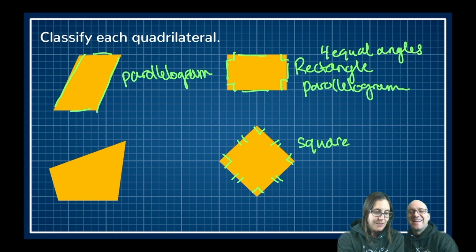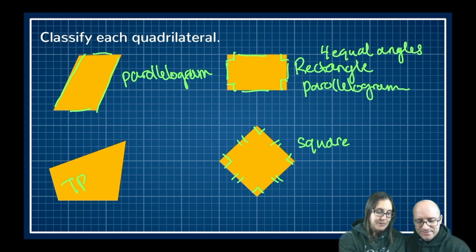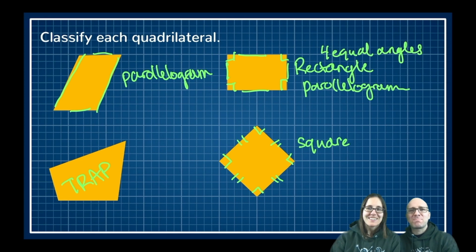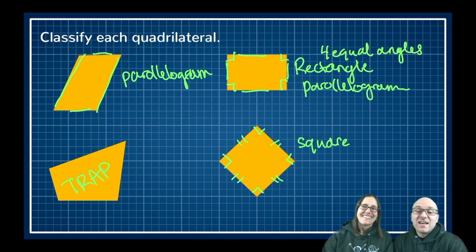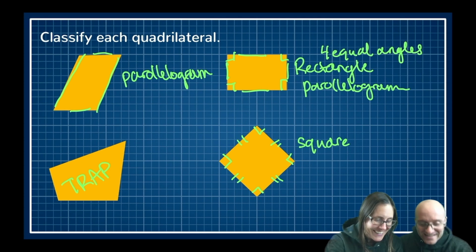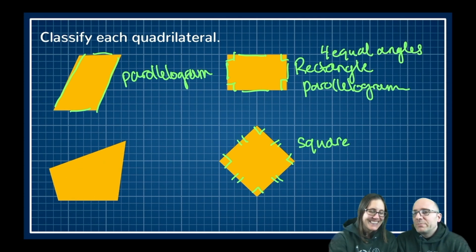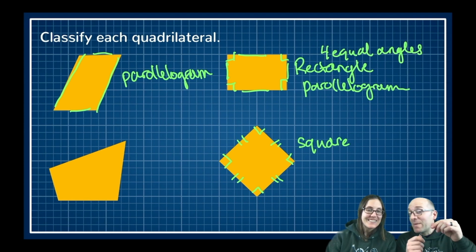Apologies. This one, it's a trap. It's a trap. It's a trapezoid. And it's a trapezoid because it looks like a trap, like you'd fall into it. Okay, well, it turns out it's not a trapezoid. Oh no, it was a trap. It was really a trap. So in order to be a trapezoid, we would need at least one pair of opposite sides to be parallel.